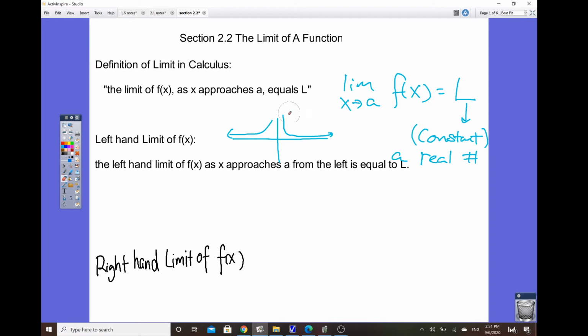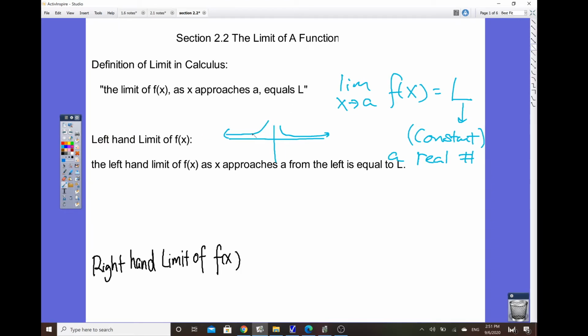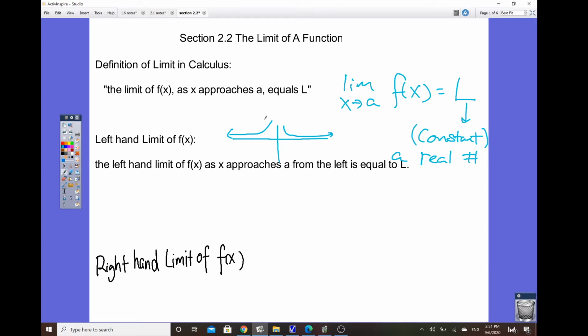I don't want to put in the vertical asymptote here, so let's just make a curve. This is the y-axis. Let's say this one is connected, kind of like a random normal distribution for stat. So the limit as x goes to a from the left equals L.